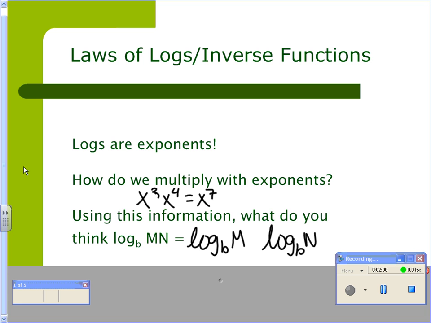What do we do to our exponents here? So what are we going to do to our exponents? Add them. Because logs are like exponents. Does that make sense? Or if you have an addition sign between two logs, you can multiply the arguments as long as they have the same base.